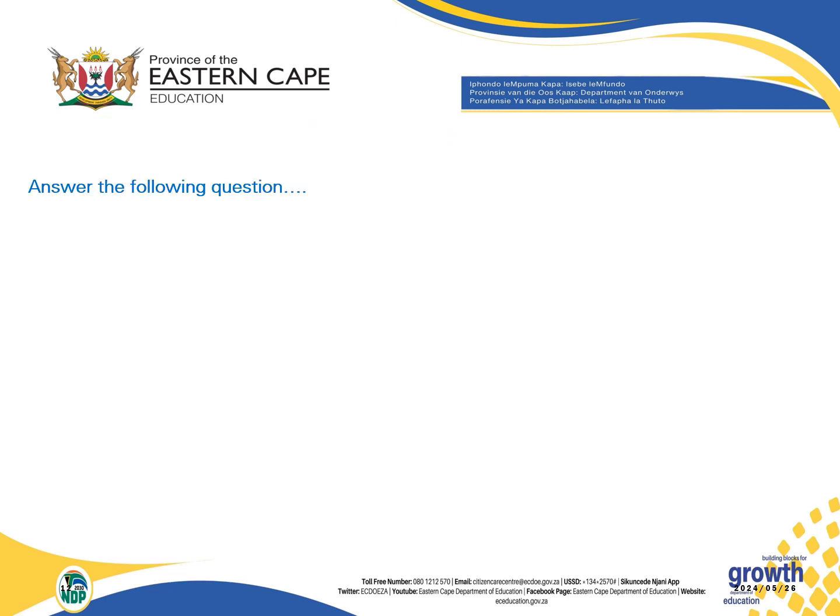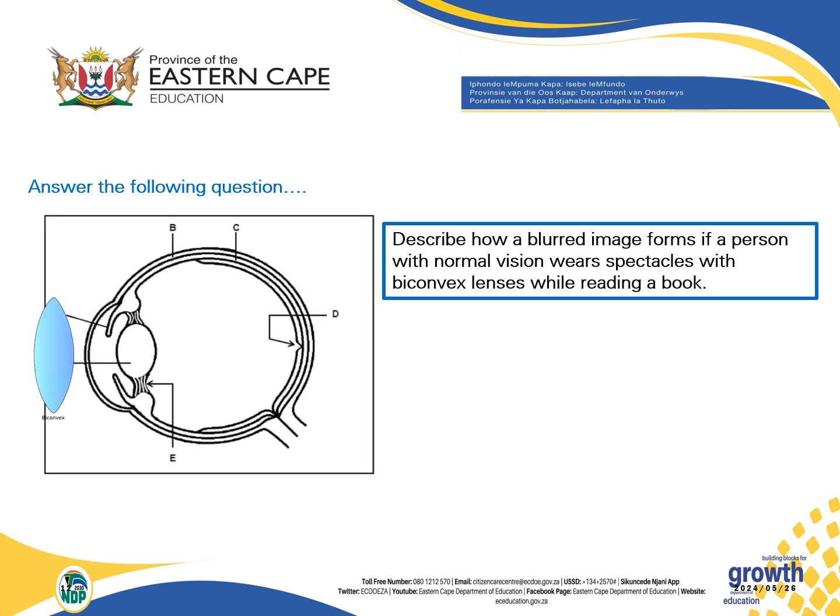Here's a very interesting question that came up in a past end of the year exam paper. The question asked us to describe how a blurred image forms if a person with normal vision wears spectacles with biconvex lenses while reading a book. Now remember, a book is a close object, so therefore it will be near vision. Now what happens in near vision is that light needs to be refracted.